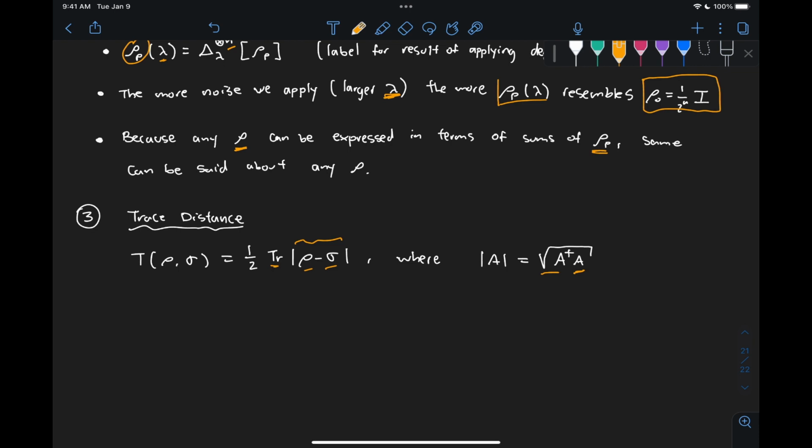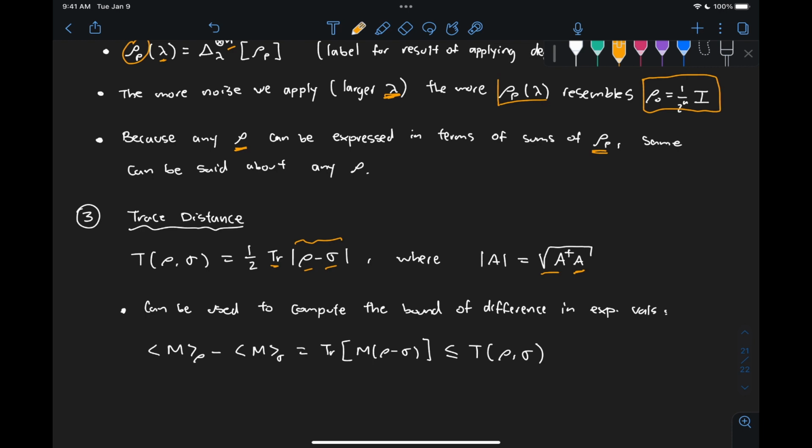So that's just the definition of the trace distance, and that's just a measure of the similarity, or of how different two density matrices are. And then we can use this concept of trace distance to compute the bound of the difference in expectation values.